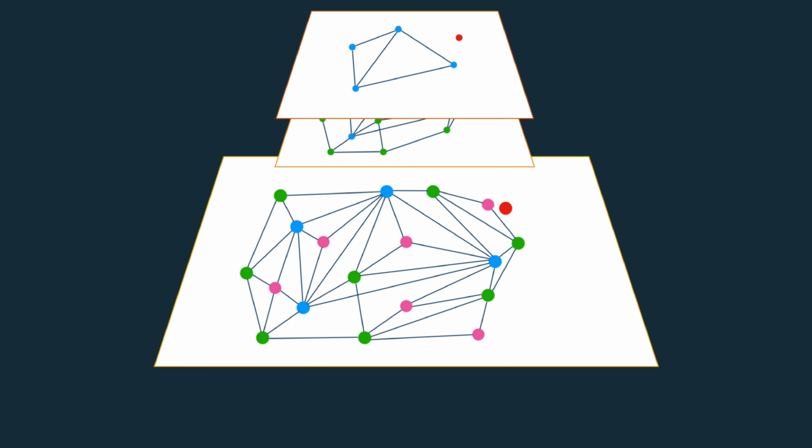This layer offers the most detail and the densest set of connections. You perform one final search here, again navigating from node to node until you reach the one that is nearest to your query. Because each layer brings you progressively closer to the right region of the dataset, this hierarchical process lets you find approximate nearest neighbors quickly and efficiently.